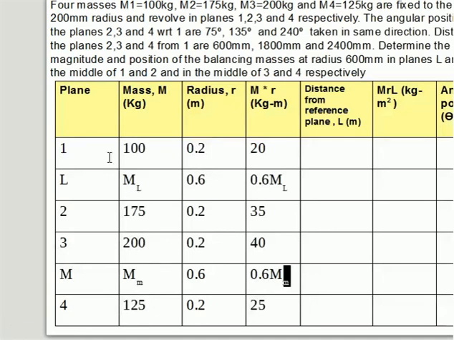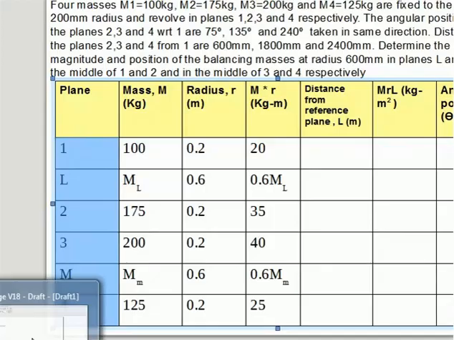For representing this, you can refer to the first column of this table. Planes are located in the order 1, L, 2, 3, M, followed by plane number 4.